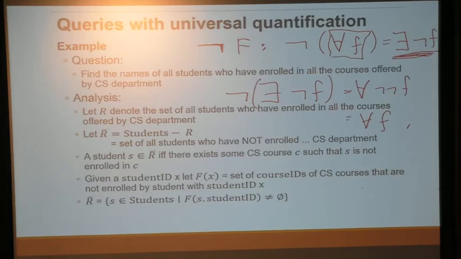For the mathematicians in you, some of you may already shiver here because we assume that not not F is equal to F. It may not be true, especially if you're not working with a classical logic. Here we assume we deal with the classical logic. If you deal with the classical logic, then yes, not not F is equal to F. If you deal with the constructive logic, not not F may not be equal to F. So there is a little caveat here, that this F must result in true or false.